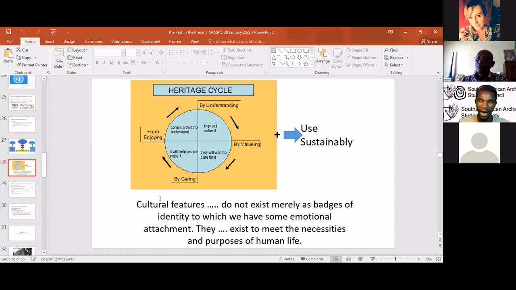What is your advice to other upcoming archaeologists who are only dwelling in archaeology without venturing into other aspects, like policy making, for example? Thank you.